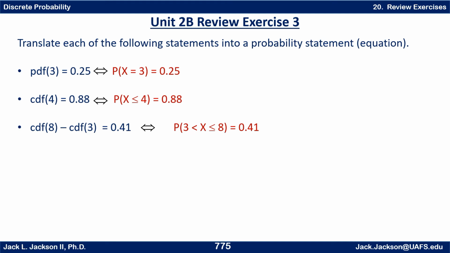Now, if this happens to also be a probability distribution that only takes on whole number x values, like the main ones we've been studying, like the geometric and hypergeometric and binomial, then this would be the same as the probability that 4 is less than or equal to x, which is less than or equal to 8.